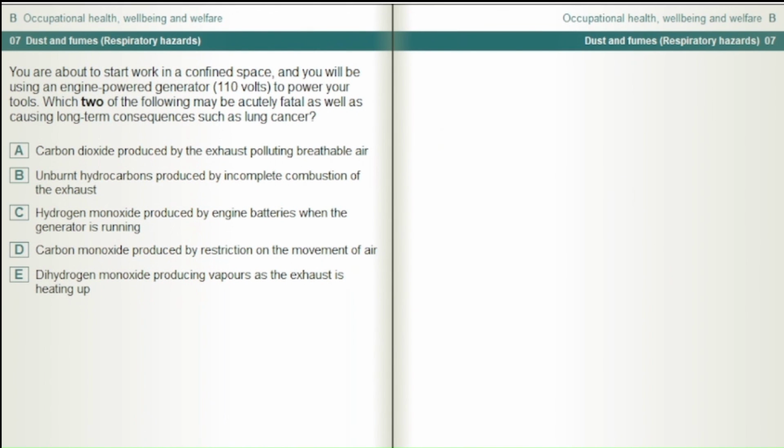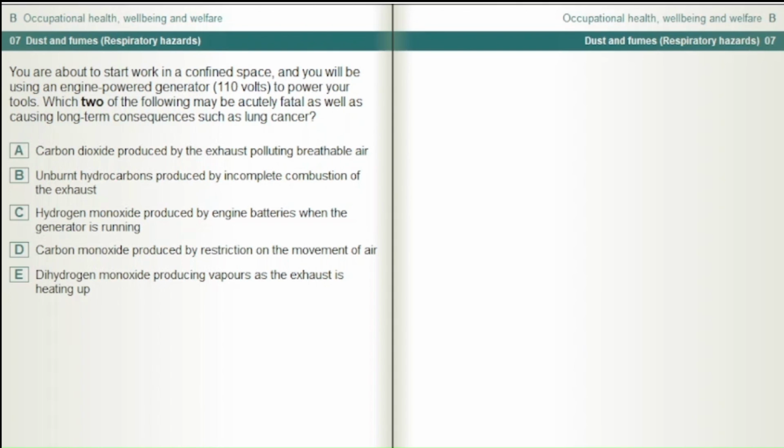You are about to start work in a confined space, and you will be using an engine-powered generator, 110 volts, to power your tools. Which two of the following may be acutely fatal as well as causing long-term consequences such as lung cancer? Carbon dioxide produced by the exhaust polluting breathable air.